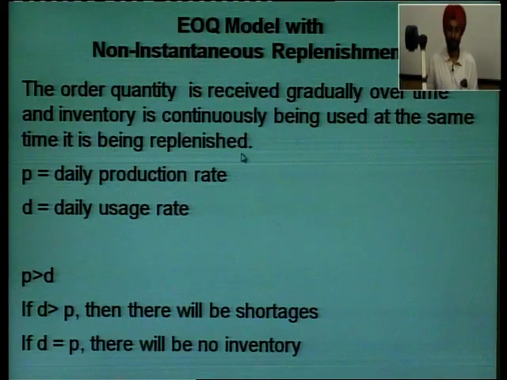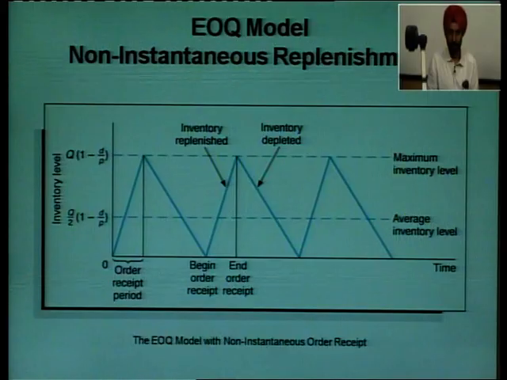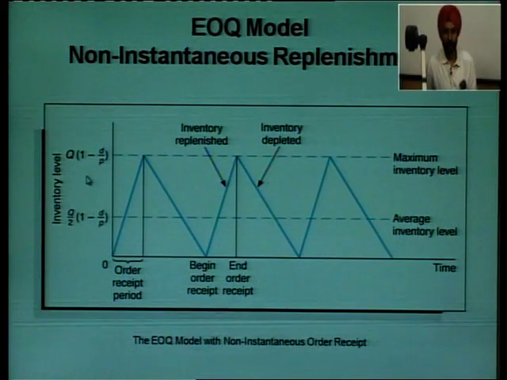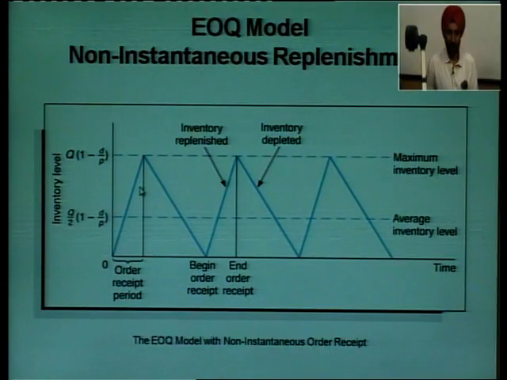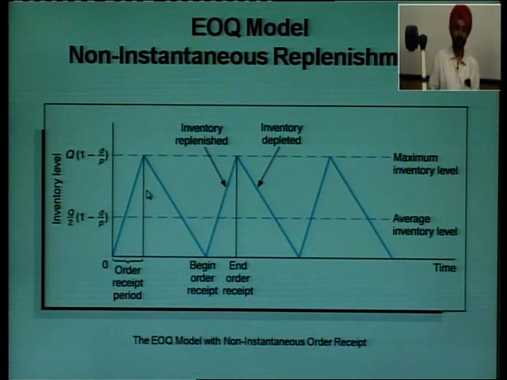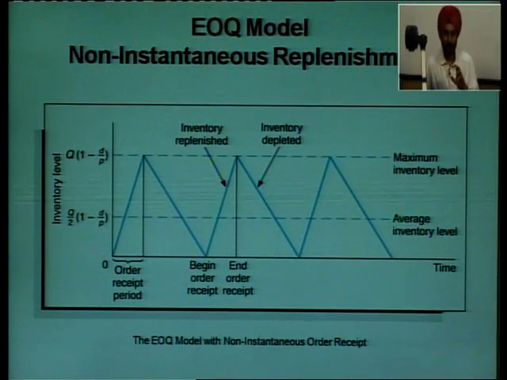For instance, this will be the shape. Now you can very well understand here. So, this is the order receipt period. Now, what does it signify? It signifies, for instance, if we give total order, let us say of 100 units, then these 100 units will not be received at once on a single day.